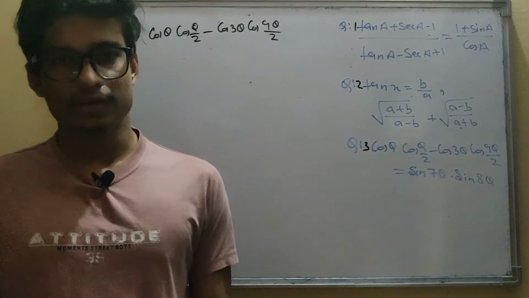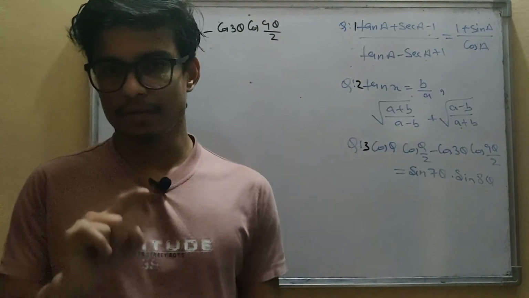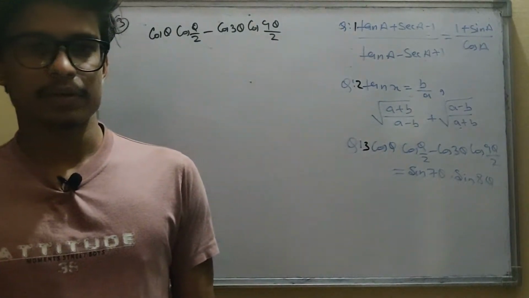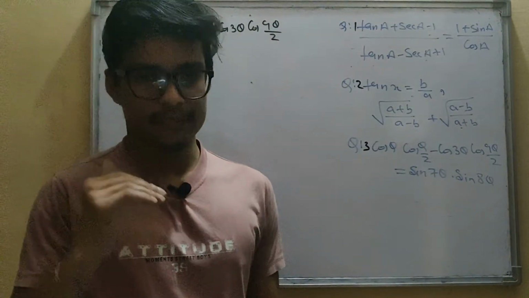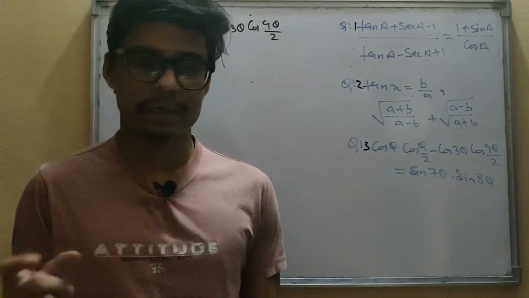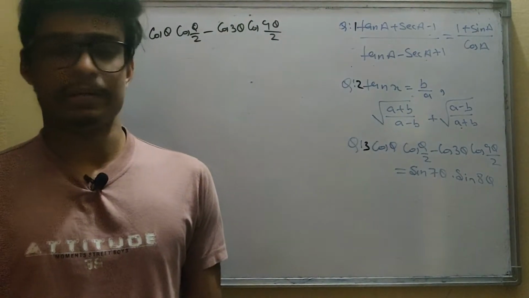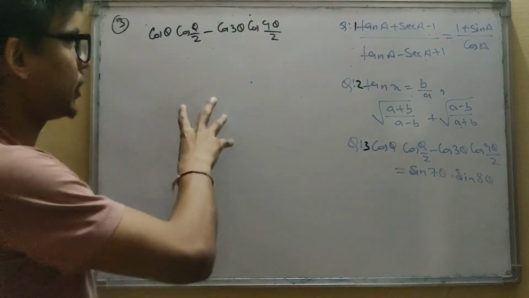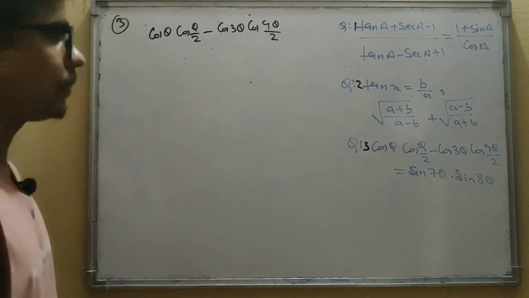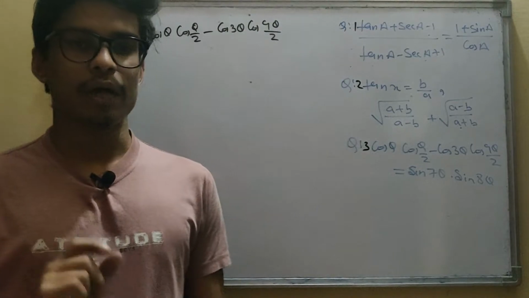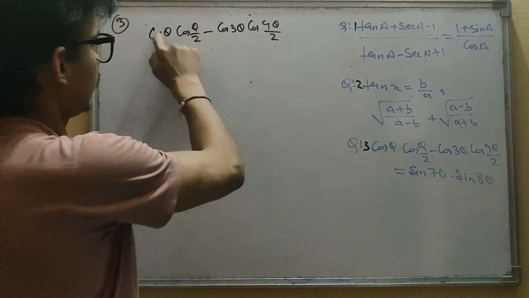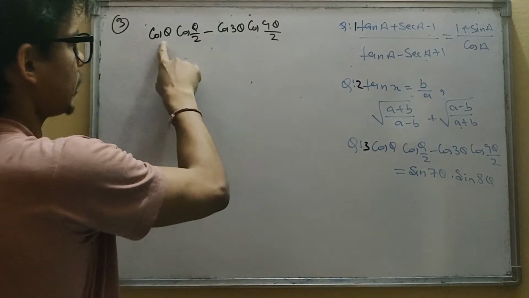2 cos a cos b, two multiplying terms cos a and cos b, is equal to cos(a + b) + cos(a - b). That formula comes into action when two cos terms are being multiplied, or sin terms, or sin and cos. Here cos is multiplying cos. To apply that formula there should be a 2 with this, because the formula is 2 cos a cos b.